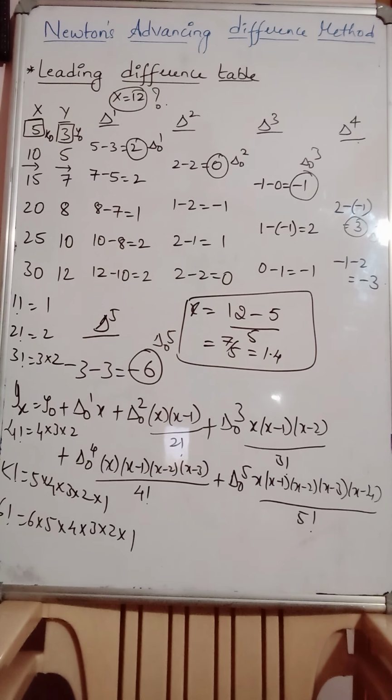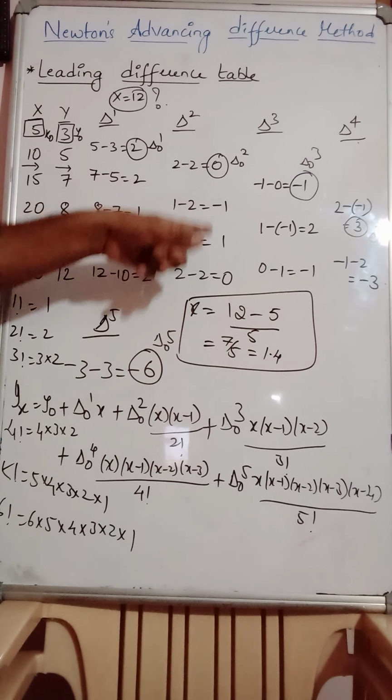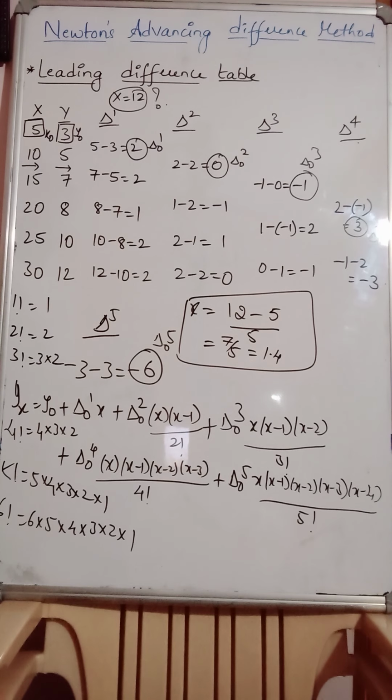Where it has to be added, where it has to be subtracted, observe carefully depending upon the signs. Clear? That is where people go wrong in calculation many times, especially in Newton's advancing method. Binomial is simple, but Newton's method is lengthy, tricky and a little difficult. So hope you understand. Follow the video thoroughly, then definitely you will understand this method.